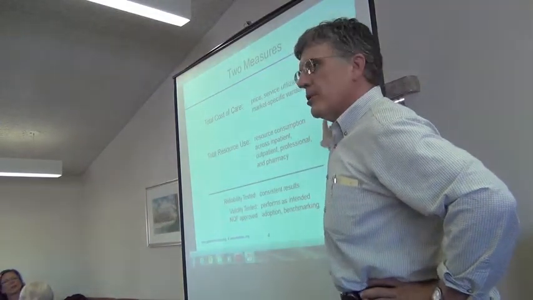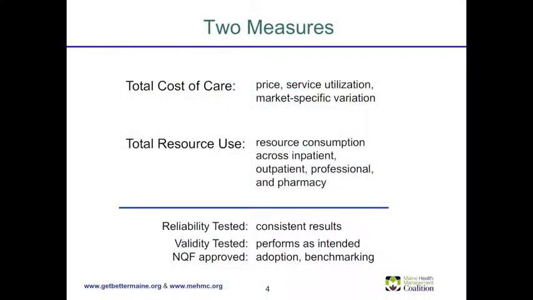So what are the two measures? Total cost of care, which is going to include price and utilization, and there's going to be market-specific variation in this, which is really important. Okay, so it's not standardized cost.